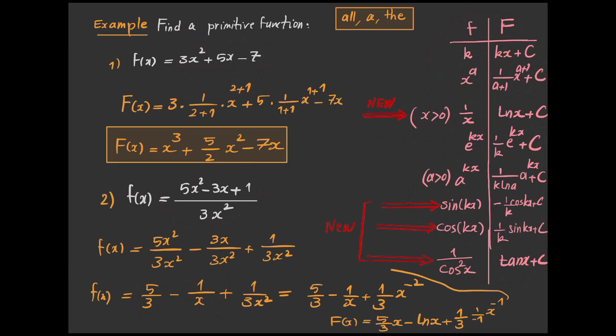Sorry for the mess. So what is the final answer? F of x is equal to 5 over 3x minus ln of absolute value of x, I have a bad feeling not to write absolute value, so let me write it. And then that becomes minus 1 over 3x. Do you agree with me?